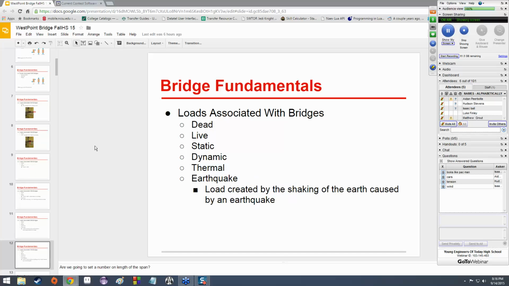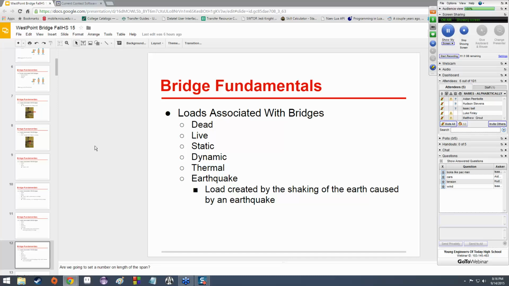There's also earthquake load. This one's pretty self-explanatory. Plates move, earth shakes, bridge falls. Hopefully not. But that's another thing that has to be taken into account: shockwaves.